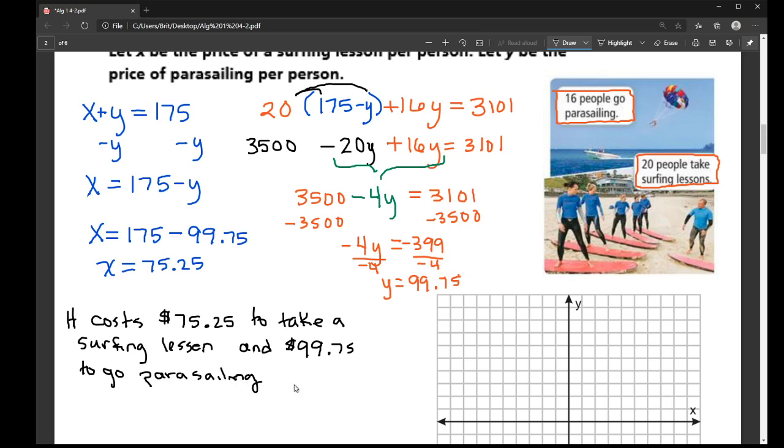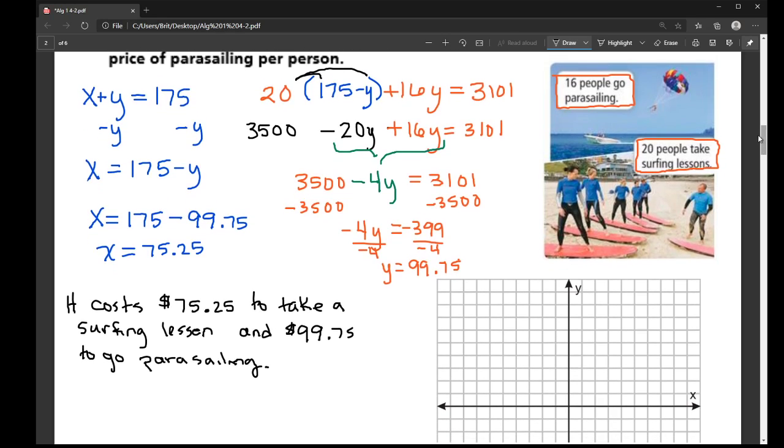Which makes sense, it would be more money to parasail than to surf, right? Because you have to have the boat and everything.